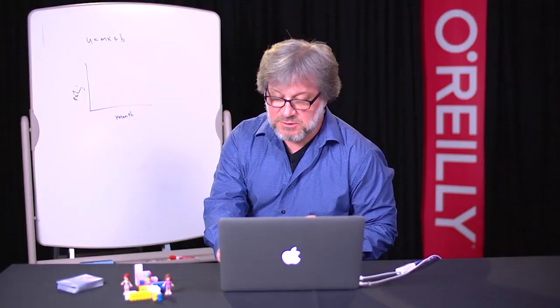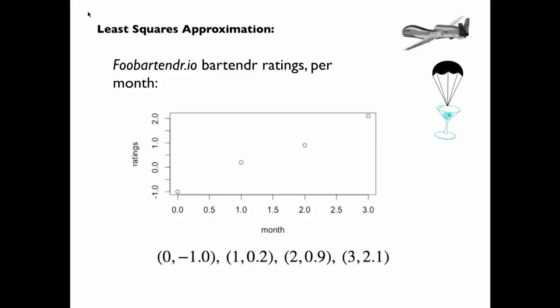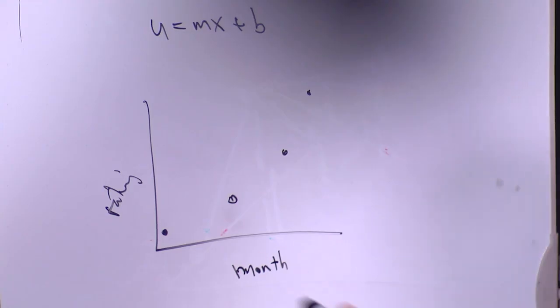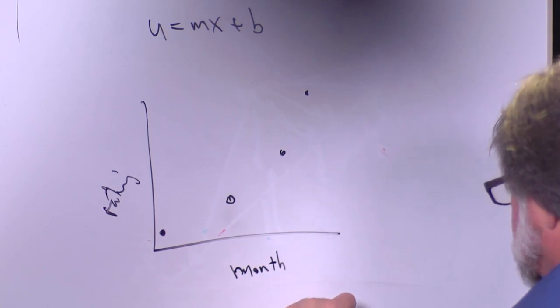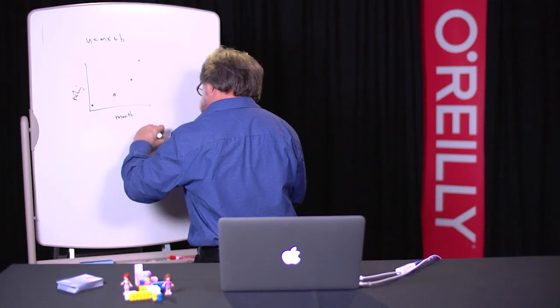So let me go back to a good drawing here. Got ratings over months. We've got these different points. Let's see if I can do them by freehand. The idea is that we can define our x's and y's in a matrix and come out with something that looks like the form of Ax equals y.